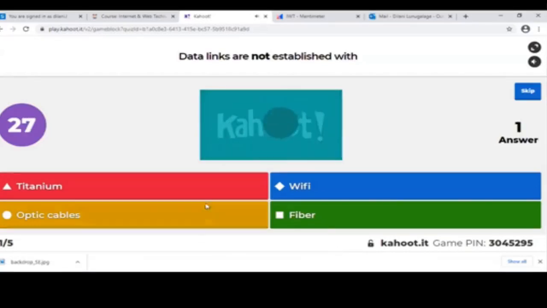So you have to pick the one with the correct color on your mobile phone, right? So if it's titanium, you can see a red color one on your mobile, right? If it's fiber, you have to click the green color tab on your mobile. Enough, right?